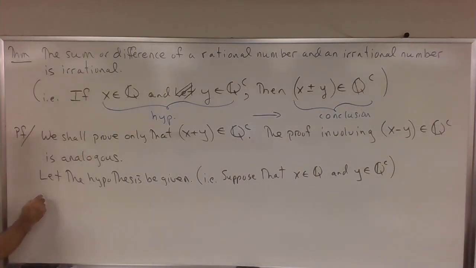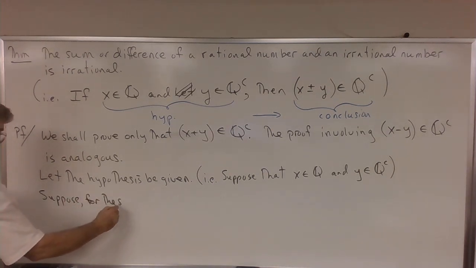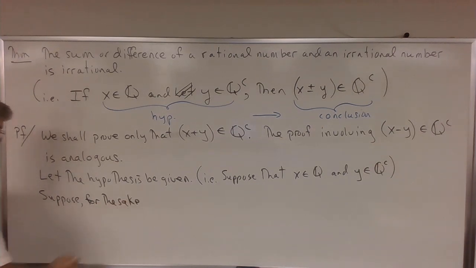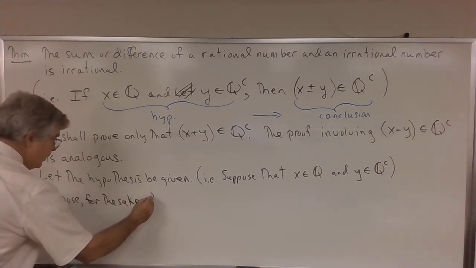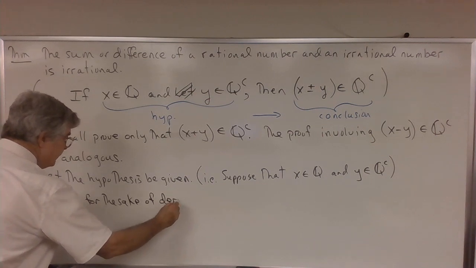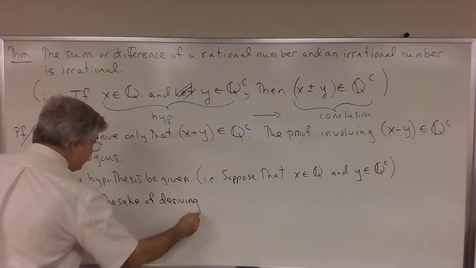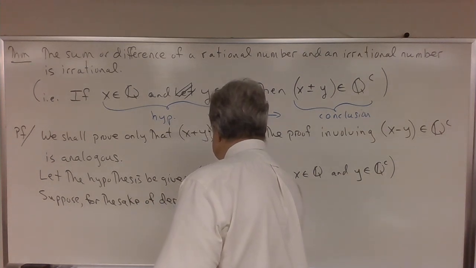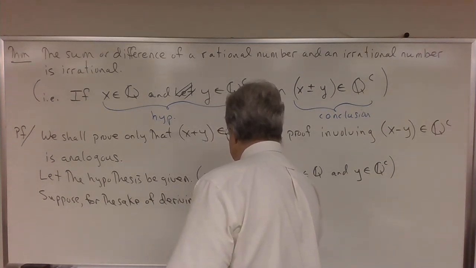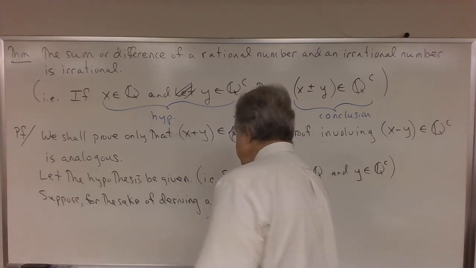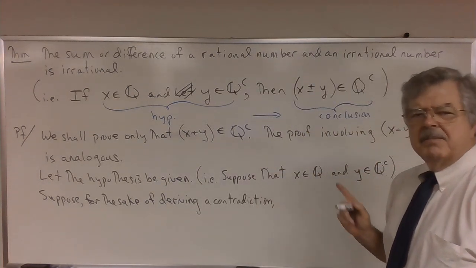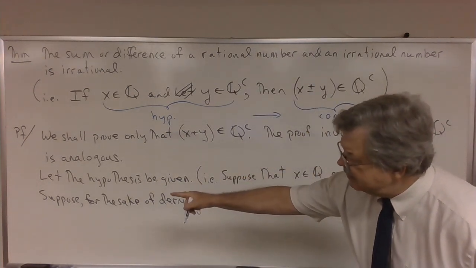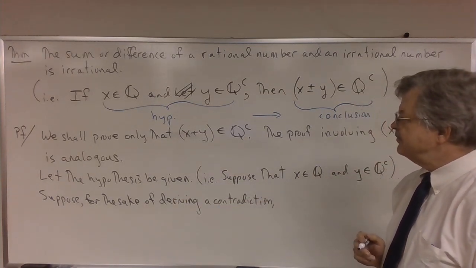And I'll say this. Suppose for the sake of deriving a contradiction, okay, we're doing a proof by contradiction, so what is it that we're going to suppose?